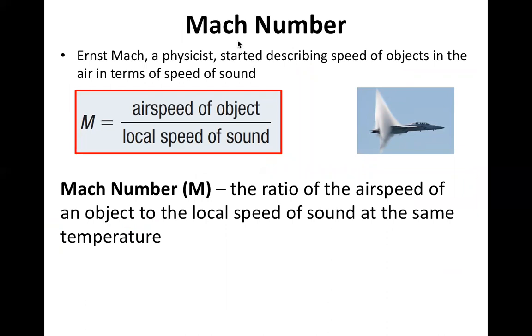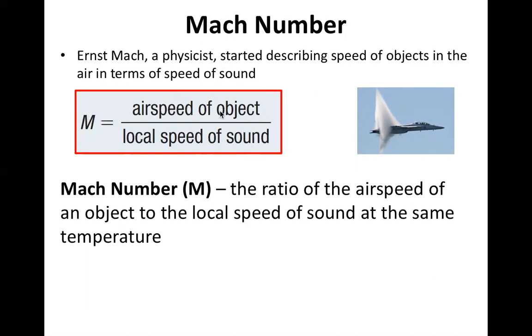So because we're interested in comparing objects' speeds to the speed of sound, we actually have a ratio that's often reported, and it's called the Mach number. And Ernst Mach was a physicist who decided that we should start looking at this ratio. So M, capital M, is the Mach number, and it's equal to the airspeed of the object divided by the local speed of sound.